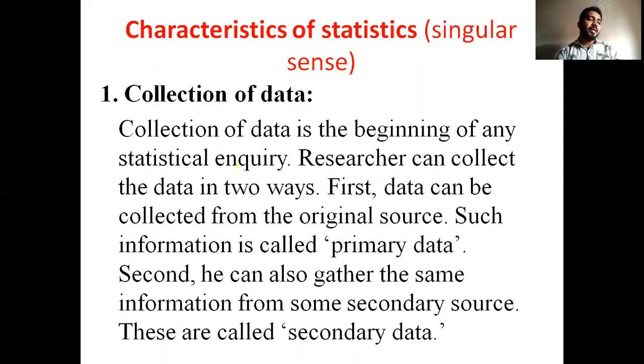Now, what is primary data? Primary data means it's data collected for the first time. If you collect fresh data from the public or from the intended population, then we can call those first-hand data as primary data.